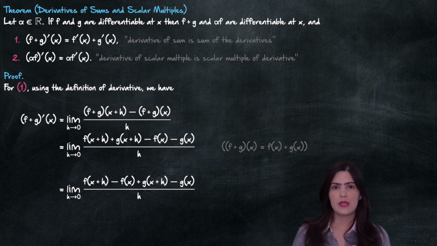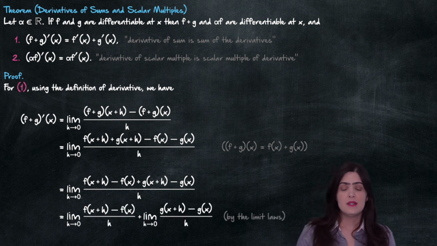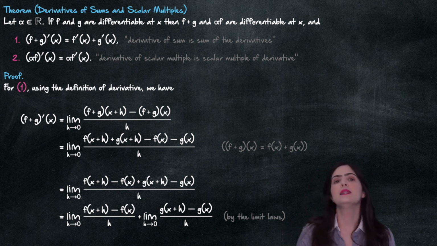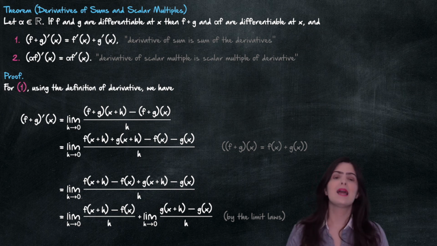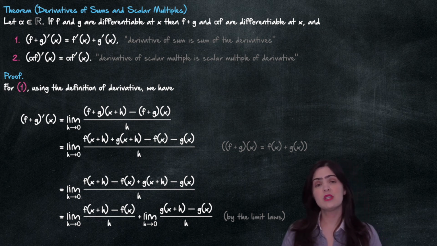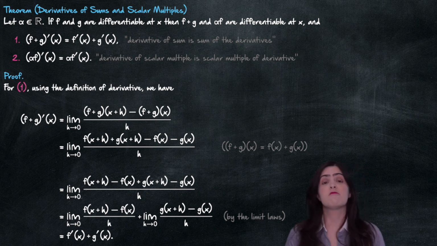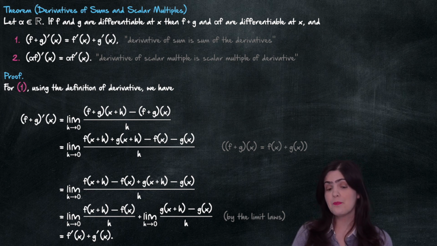But now we can separate the fraction, and here we're just going to use the limit laws, and we end up with indeed the limit as h approaches 0 of f of x plus h minus f of x over h plus the limit as h approaches 0 of g of x plus h minus g of x over h. But this is just f prime of x plus g prime of x. And that completes the proof of number one.